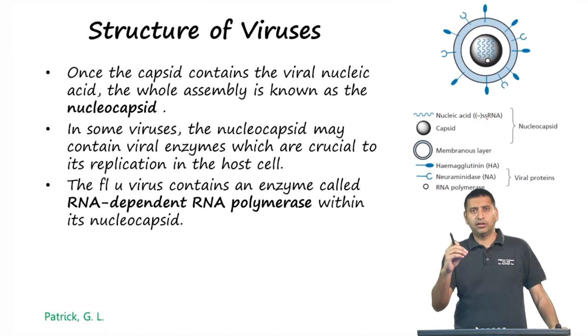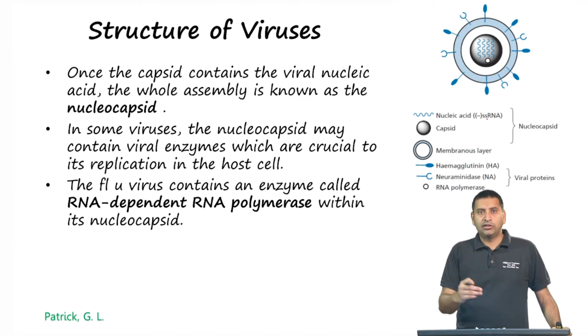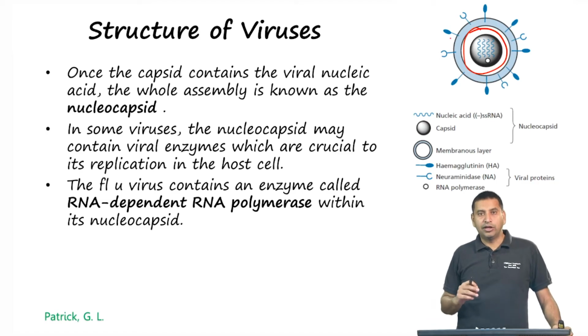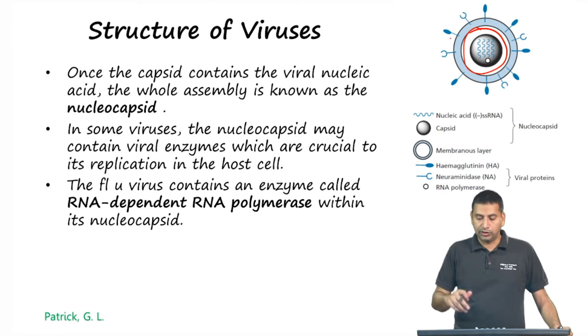Once the capsid contains the viral nucleic acid, the whole assembly is known as a nucleocapsid. In some viruses, the nucleocapsid may contain viral enzymes which are critical to its replication in the host cell. The flu virus, for example, contains an enzyme called RNA dependent RNA polymerase within its nucleocapsid.